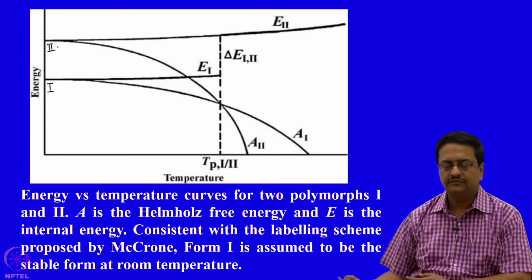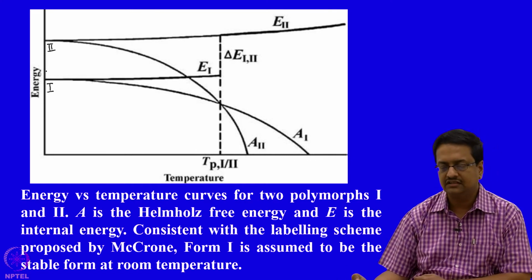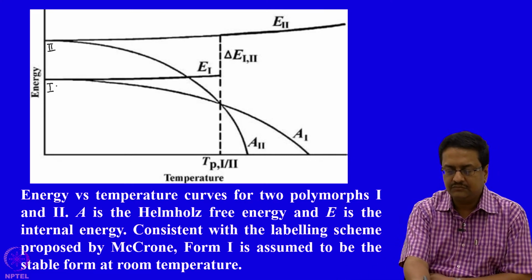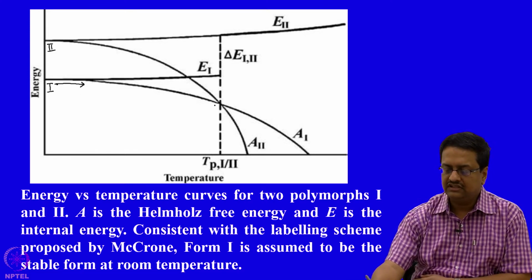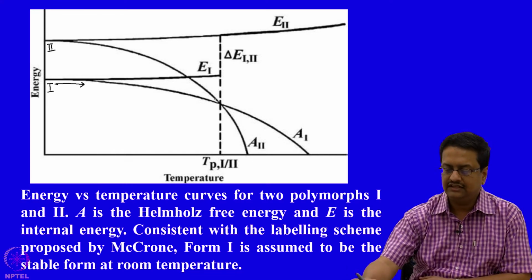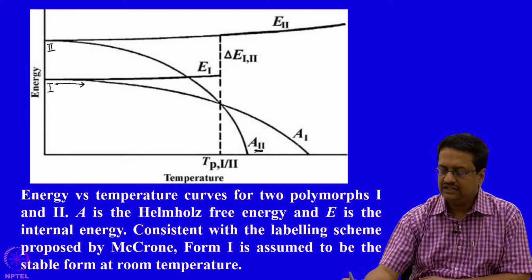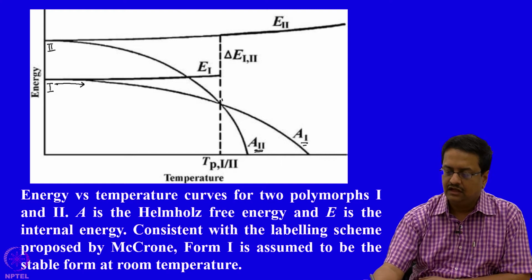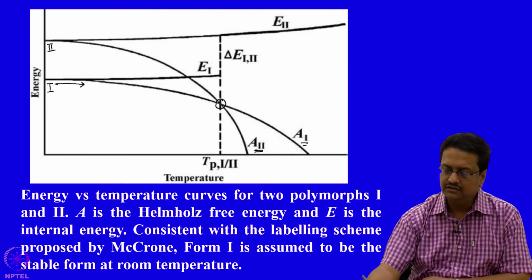The energy of polymorph 1 is lower than the energy of polymorph 2 at very low temperature. When we increase the temperature, at one point the Helmholtz free energy, the A value for form 2, meets the A value of form 1 at this junction, and beyond this point the A value for form 2 is lower than form 1.